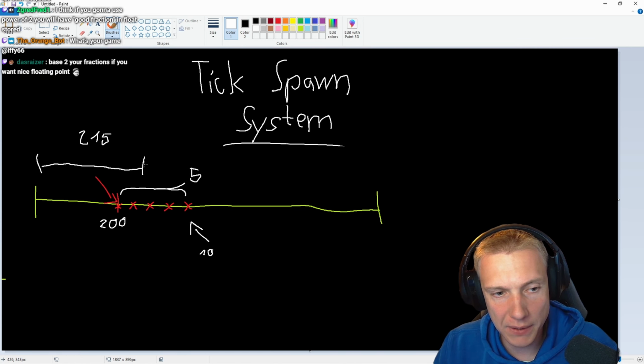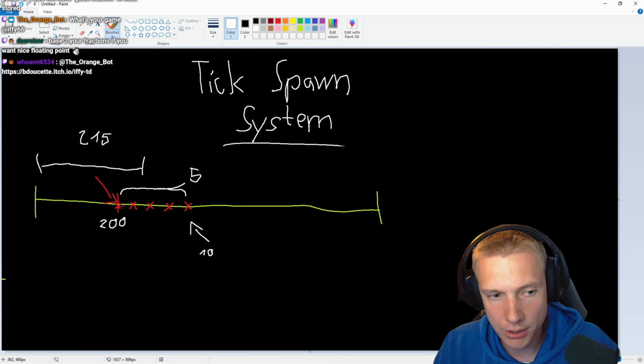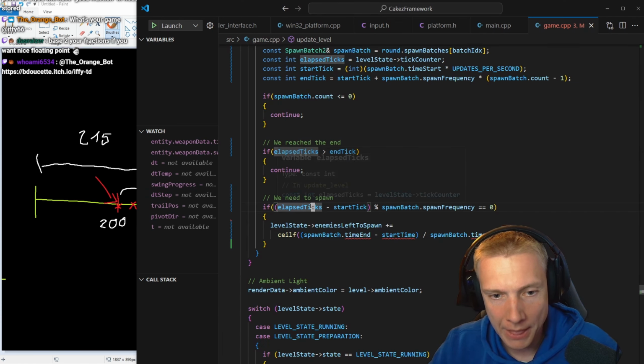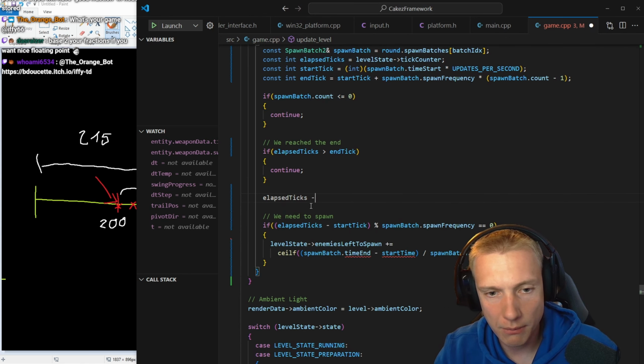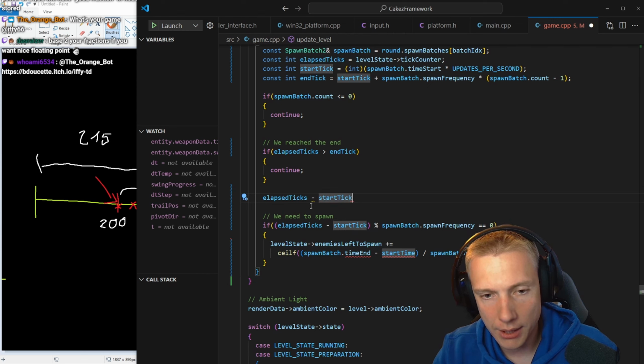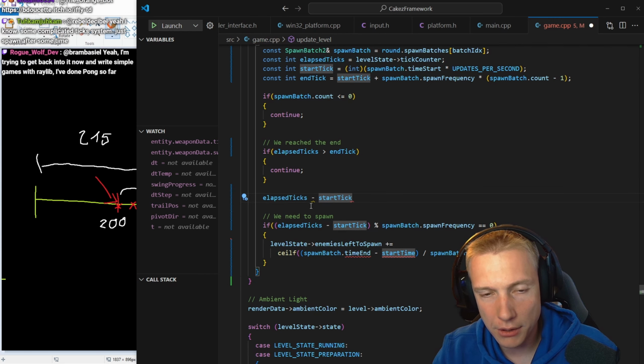We have 215. We start on 200. So I guess we remove that. I think we need to start the elapsed ticks. We need to remove the start tick, and then we know that we have not reached the end yet.